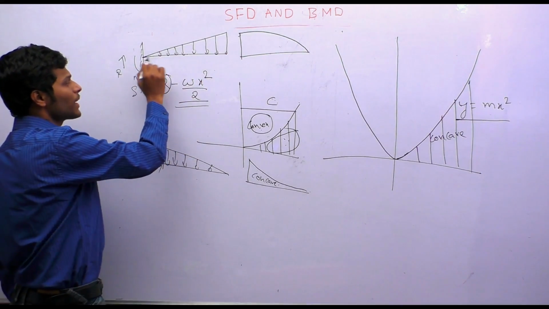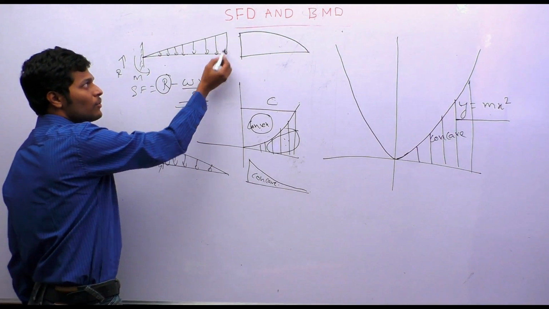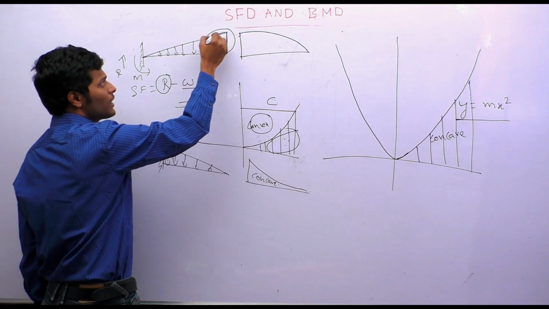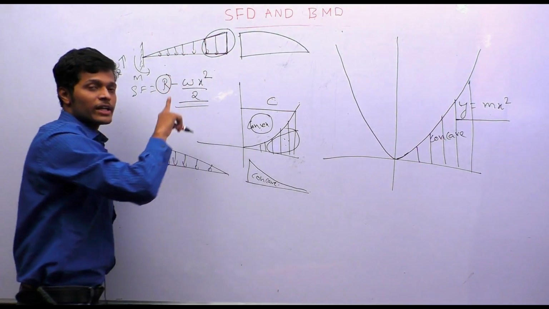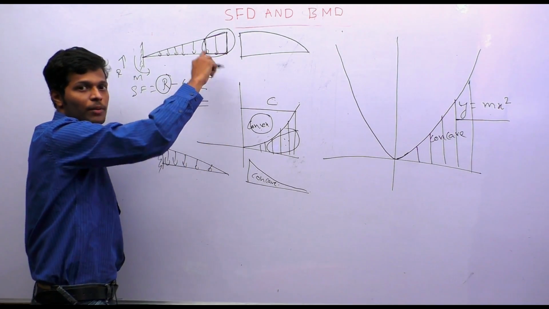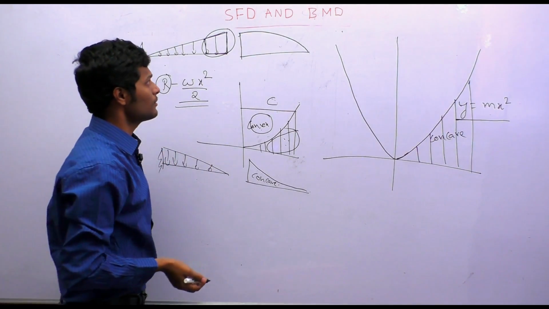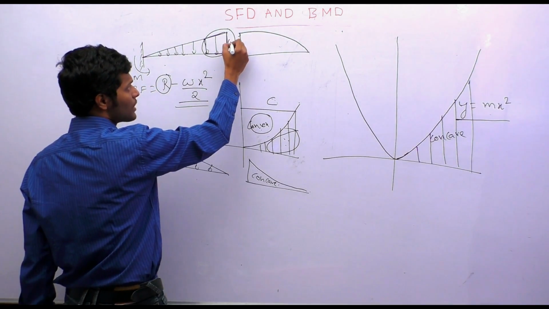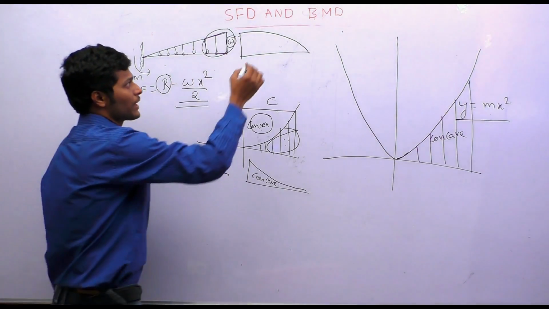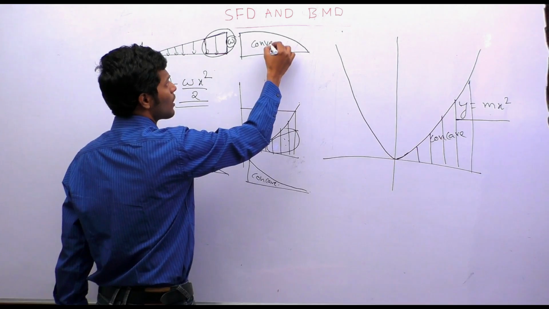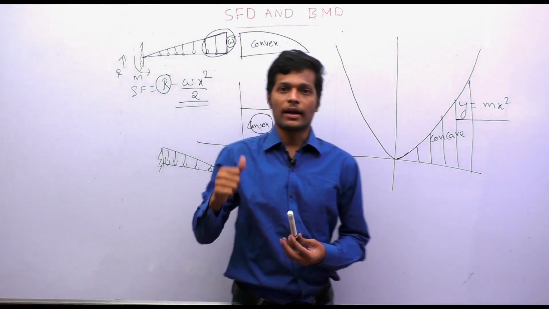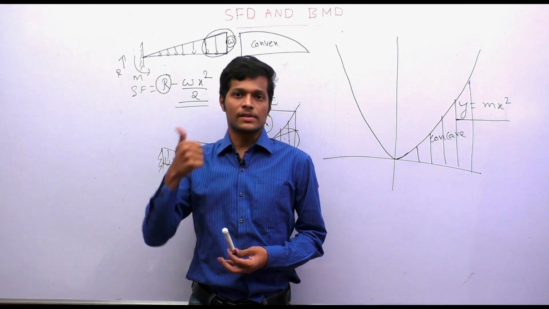Here it is c minus, and on this side also we cannot write y is equal to mx square, because if you find the area of this, it is a trapezium, half h into a plus b. So you won't get the y is equal to mx square format, you definitely get some constant value. In that constant you will have this w value. That is the reason we are getting a convex parabola here.